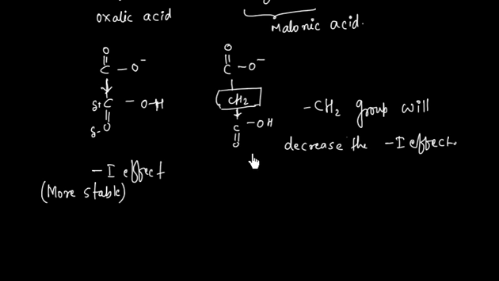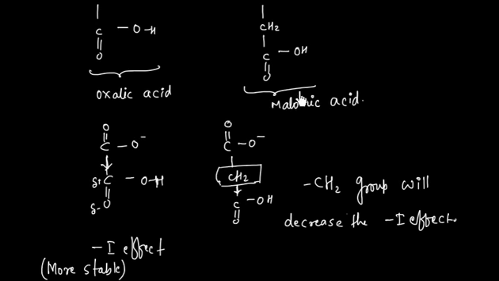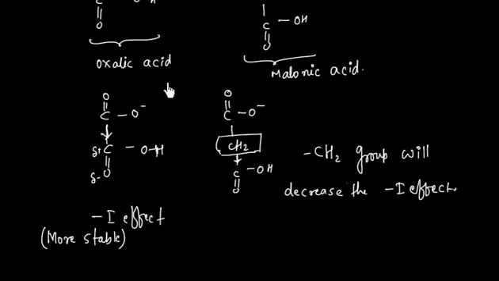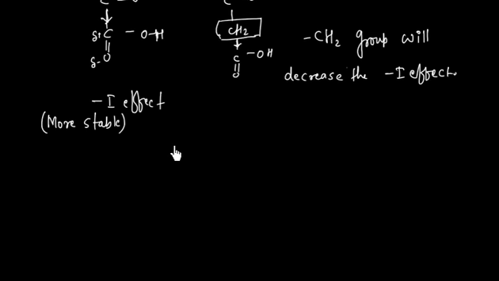So this means malonic acid is a weaker acid, but oxalic acid is a stronger acid. So we can say oxalic acid is stronger than malonic acid.